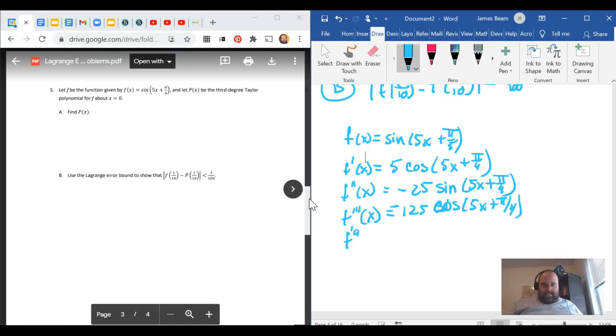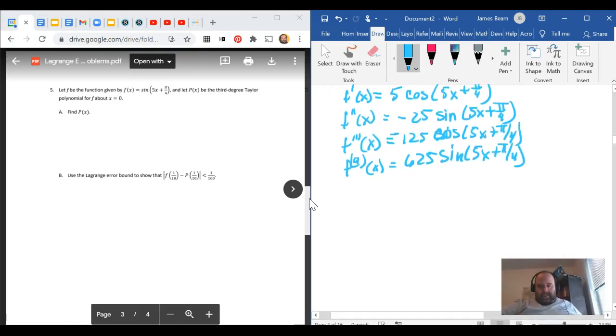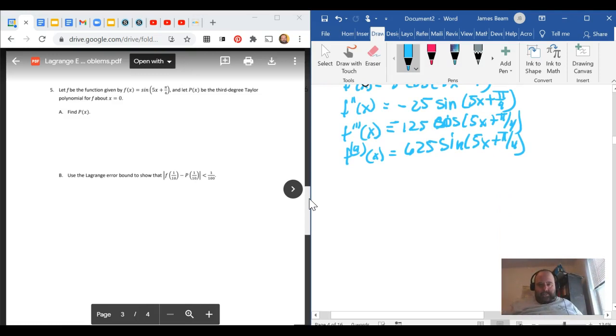And the fourth derivative is going to be 625 times the sine of 5x plus pi over 4. Okay, so let's think here. I know that this is less than or equal to 625. I can clearly bound that.